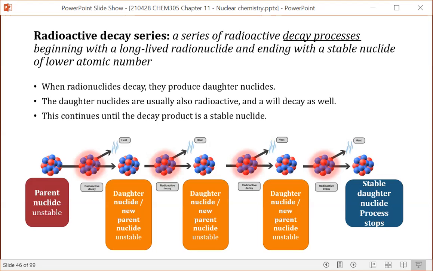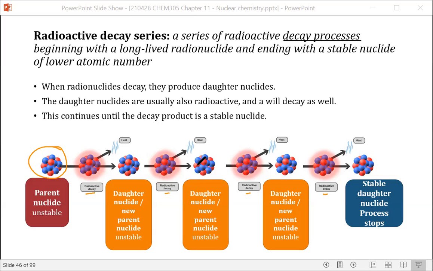So you start with your unstable parent nuclide, shown here, and it's going to undergo radioactive decay, right? Each of these gray boxes in teeny tiny font says undergoes radioactive decay and produces a daughter nuclide. Well, if the daughter nuclide isn't stable, it's still radioactive, it's going to undergo radioactive decay itself and produce an even slightly more stable daughter nuclide.